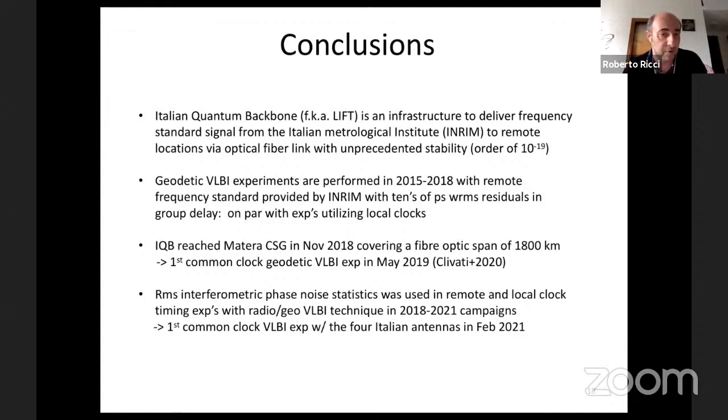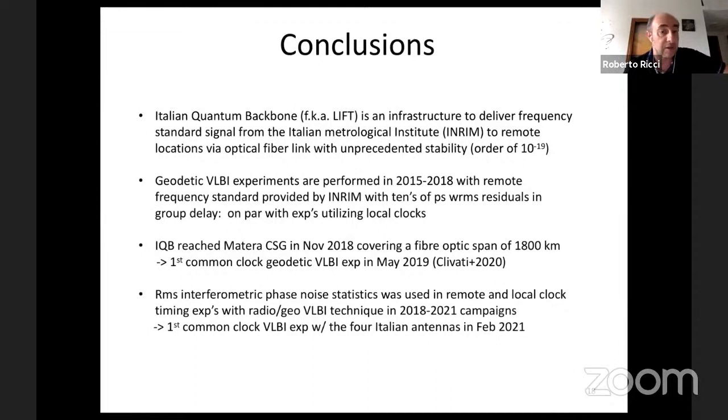And we performed a set of geodetic VLBI experiments starting in 2015 that were published in earlier publications with remote frequency standard provided by INRIM. And we found that they are on par with local clocks experiments.